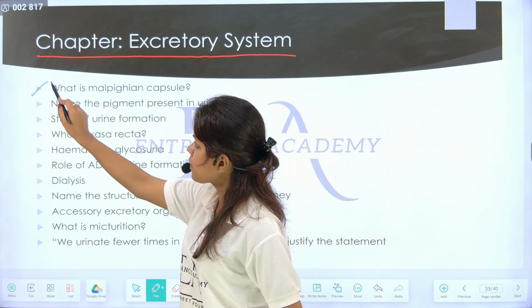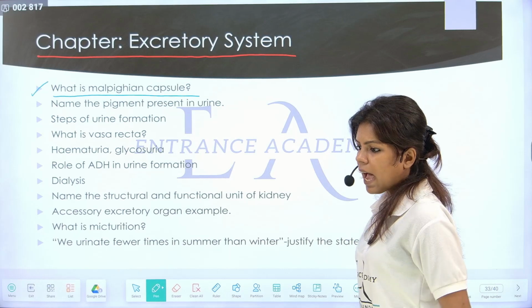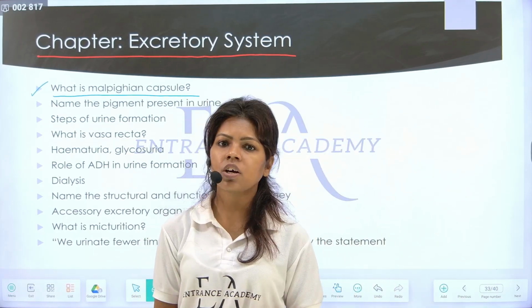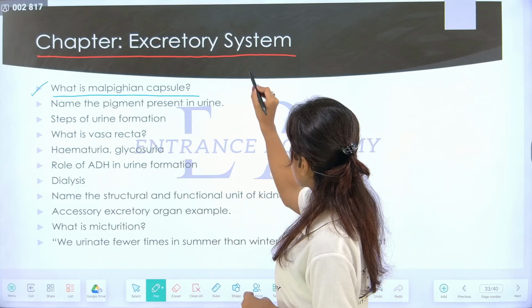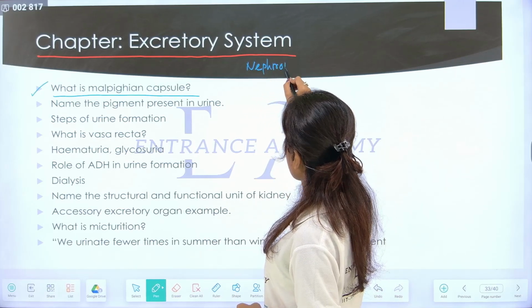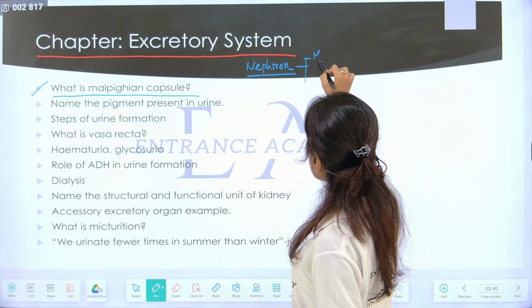First question, what is Malpighian corpuscle? As we know, the unit of the main excretory organ kidney is the nephron. Now each nephron has two parts. One is the Malpighian corpuscle.